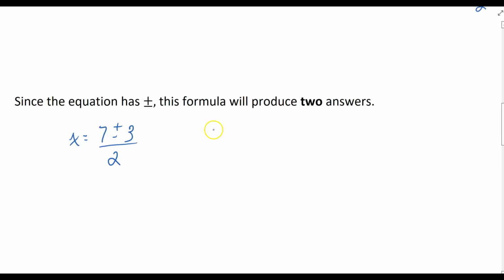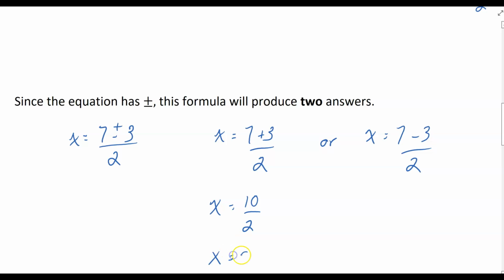So the first answer will be x equals 7 plus 3 over 2, or x equals 7 minus 3 over 2. x equals 10 over 2, x equals 5, or x equals 4 over 2, x equals 2. So we have our two solutions to this quadratic equation.